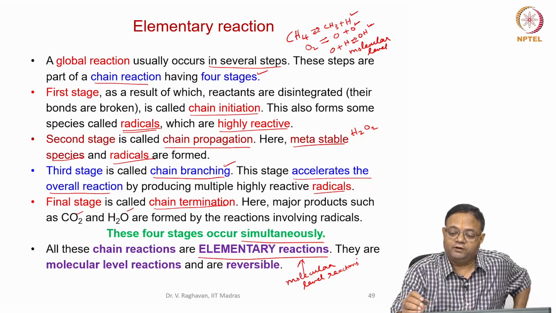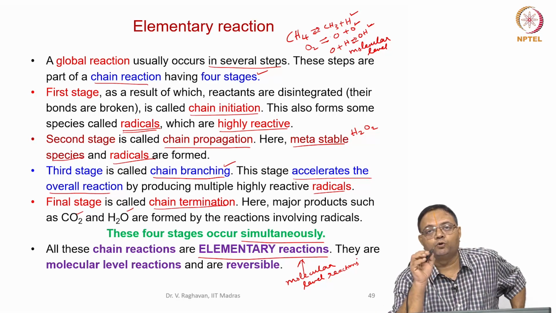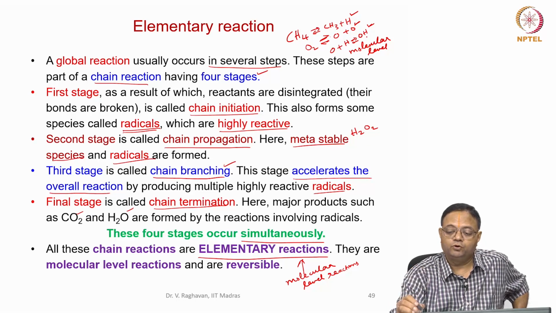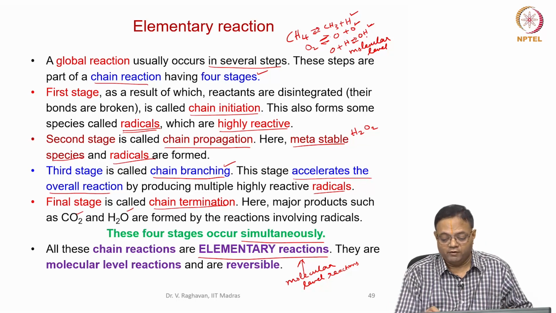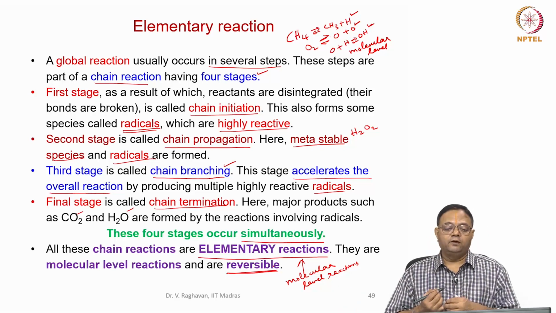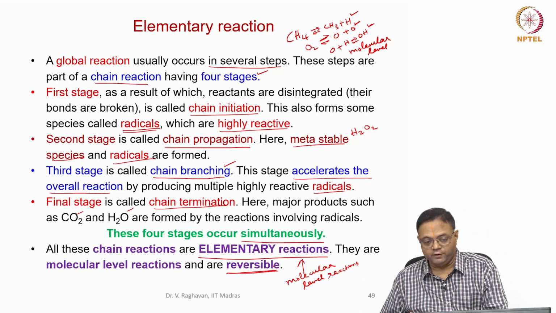And you can see that in the global reaction we have put only one arrow, reactants giving products. But in these cases we will put two arrows, forward and backward arrows, to represent that they are reversible reactions. So this is another important set of reactions which we will see.